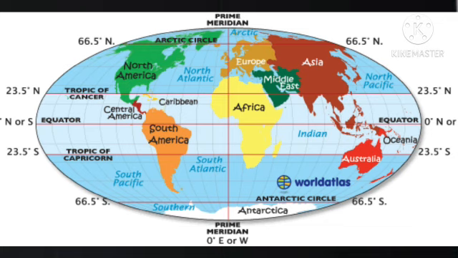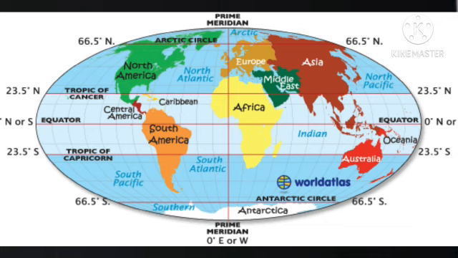Listen to the image very carefully. This line is called Tropic of Capricorn. Here you studied the equator 0 degree, 23.5 degree north Tropic of Cancer, and 23.5 degrees south Tropic of Capricorn.